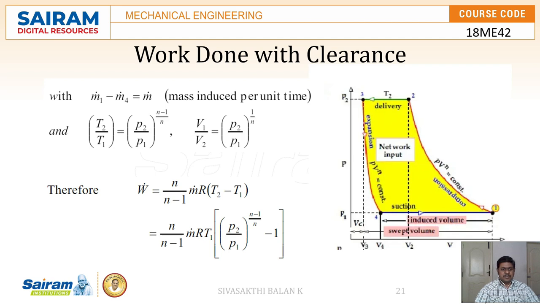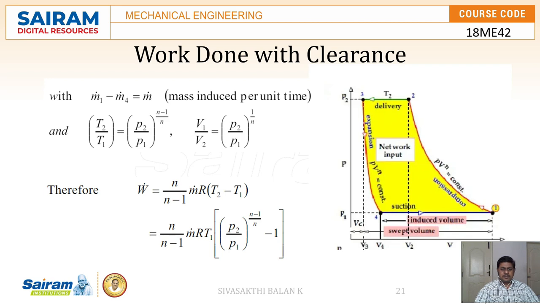We know that the mass induced per unit time is m1 minus m4, and T2 by T1 is equal to P2 by P1 to the power of (n minus 1) divided by n, for polytropic compression. We also know that for a polytropic process, V1 by V2 is equal to P2 by P1 to the power 1 by n.